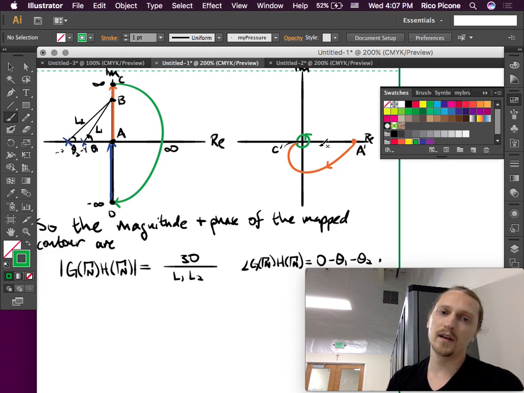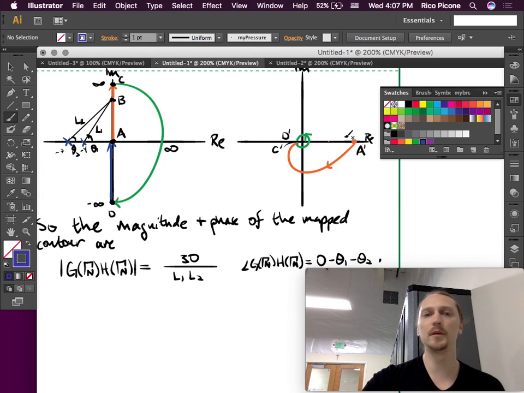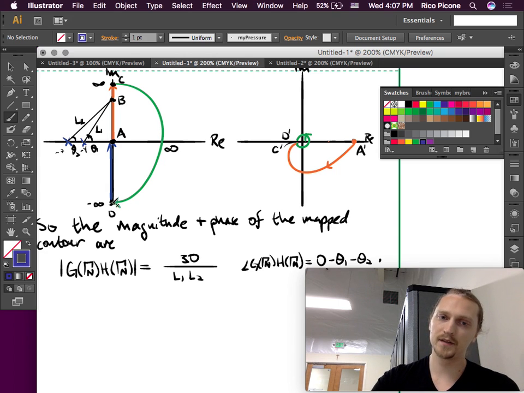And then we've just got our point D, or D prime, right there. Now we've got our blue negative imaginary axis, and it's going to go from 180 degrees, decreasing all the way to 0, right?